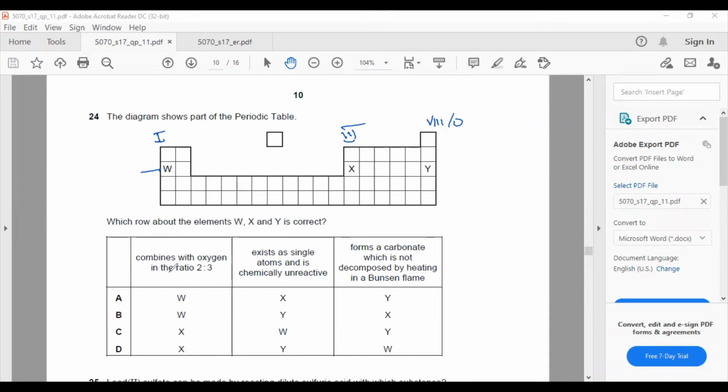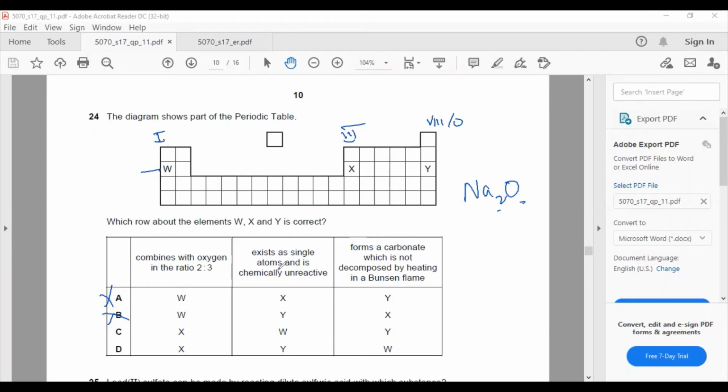W combines with oxygen in the ratio 2 to 3. Group 1, no. Group 1 makes oxygen Na2O, 2 is to 1. So W cannot make. Okay. A and B wrong.